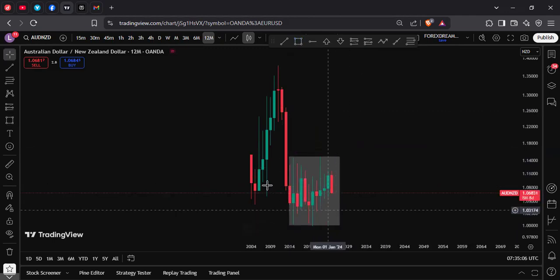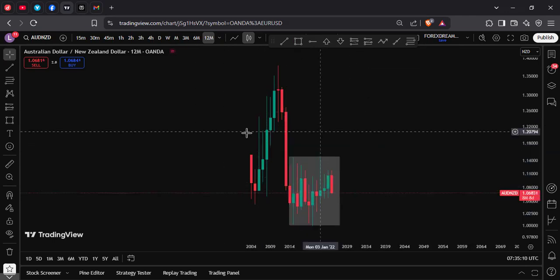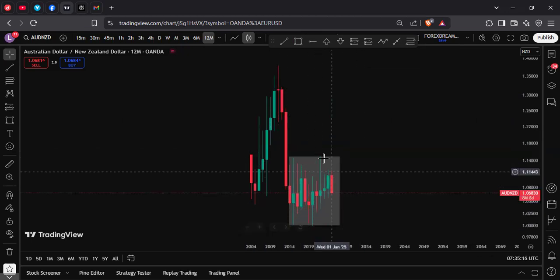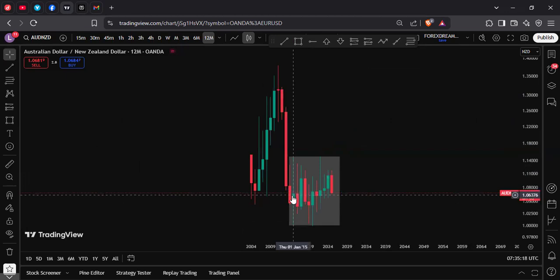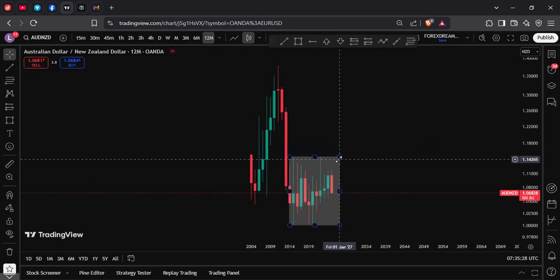We are not gonna rely on this, right? But we have to check the overall movement of this pair. So now you can see that the market was just consolidating for years, around 2014, 15, 16 up until today, with this candlestick that is pushing down.